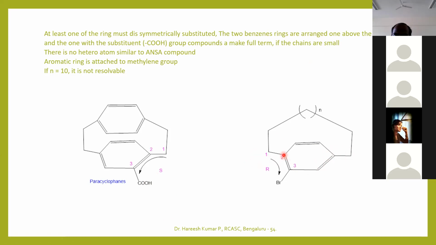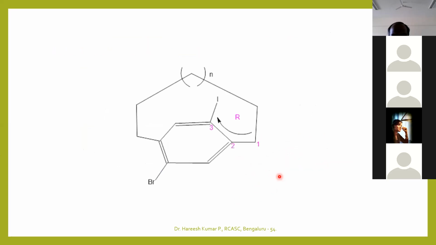And here you need to take this as the pilot atom because the substituent is present here. So 1, 2, 3, 4. The movement is in a clockwise direction, so this moiety is showing R configuration. So I will go to the next slide.